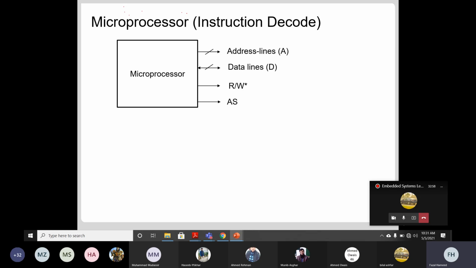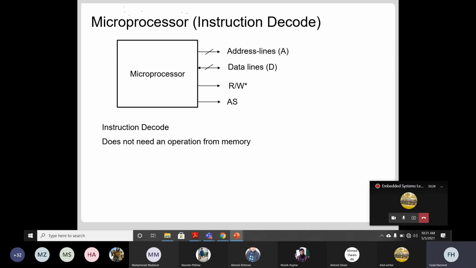Now what about instruction decode? Let's say the microprocessor wants to decode the instruction. During the instruction decode phase, will the microprocessor require any memory operation or not? I'm asking a simple question. No sir, it does not require any operation. Good. The microprocessor does not need an operation from memory.